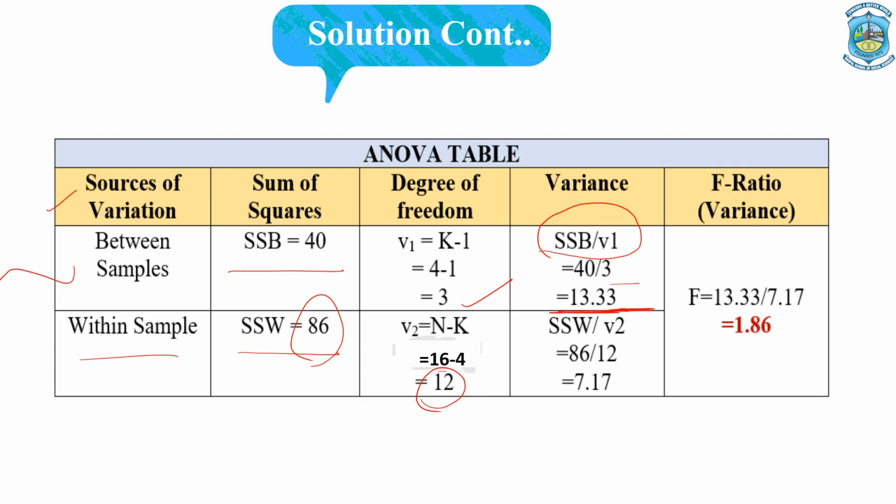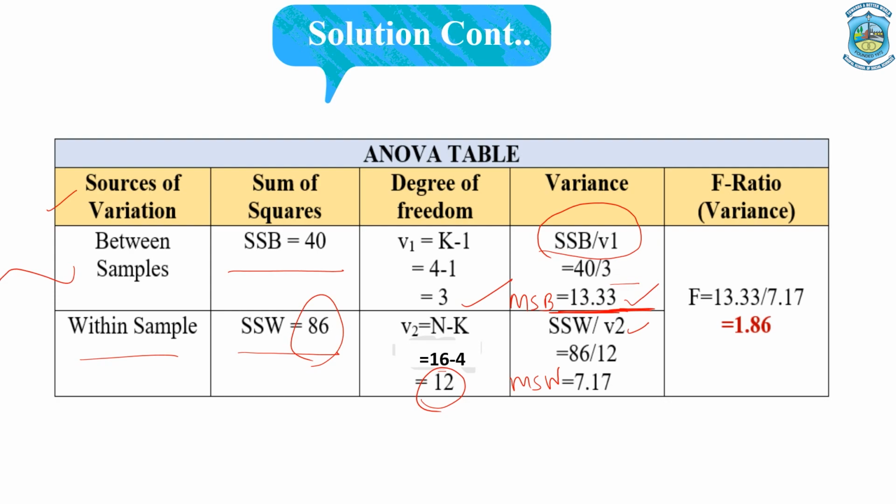So our mean square value between the sample is 13.33. Now for within the sample, the mean square value is 7.17. We get this by dividing 86 by 12, that means SSW divided by the second degree of freedom.